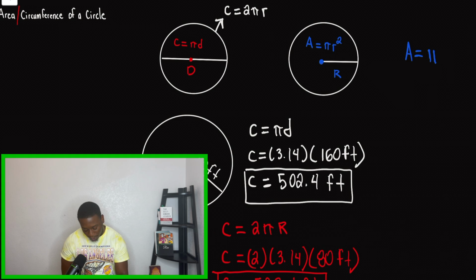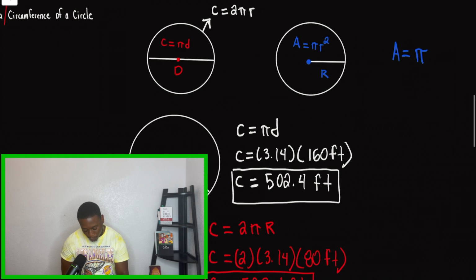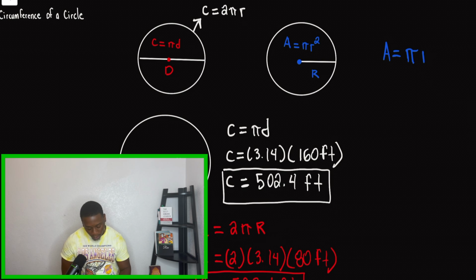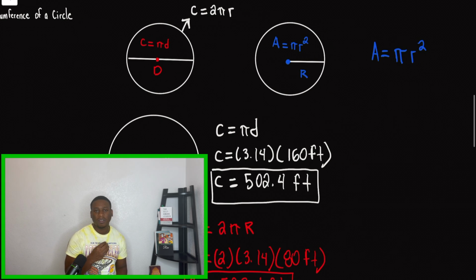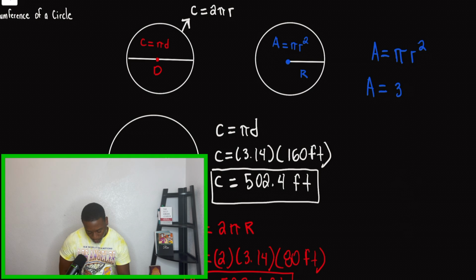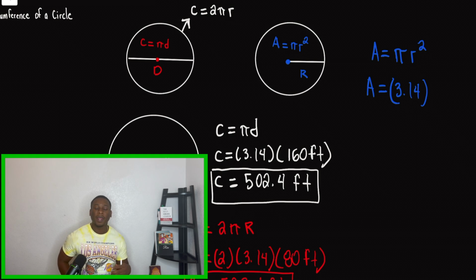And we know that our equation is going to be area is equal to pi r squared, right? And once we start setting this up, guys, right, we have area is equal to 3.14, right? That's pi.